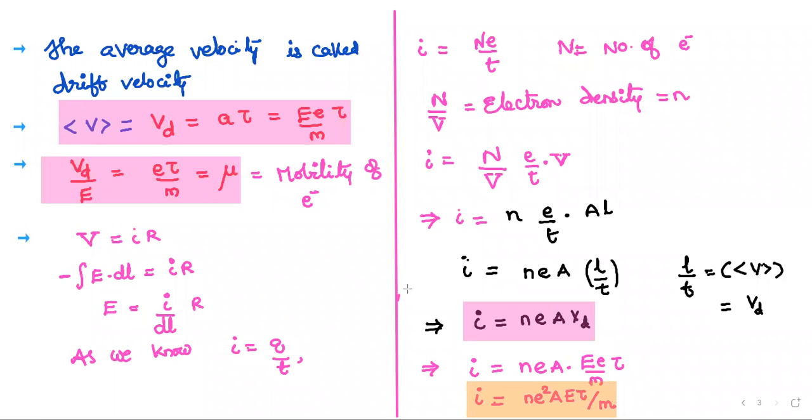Right. These are different equations. Now we have to go back to the equation to find out electric field intensity and potential difference.